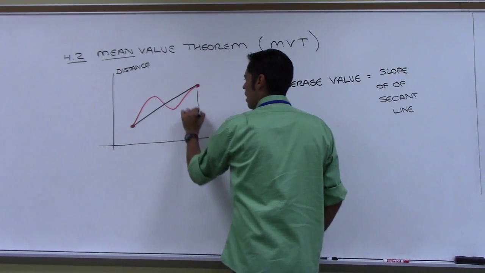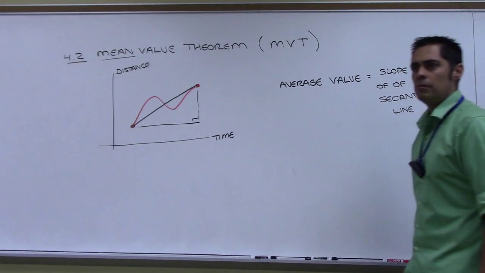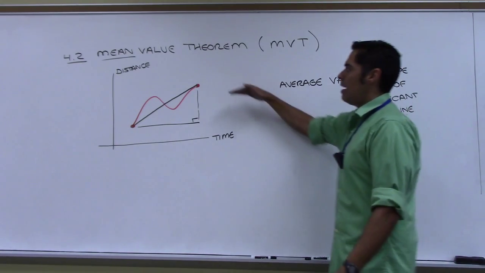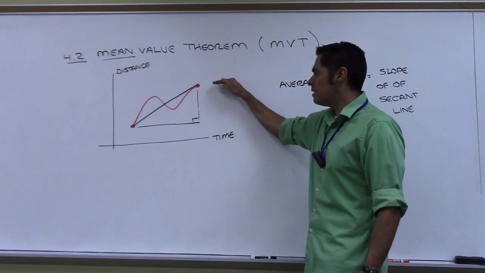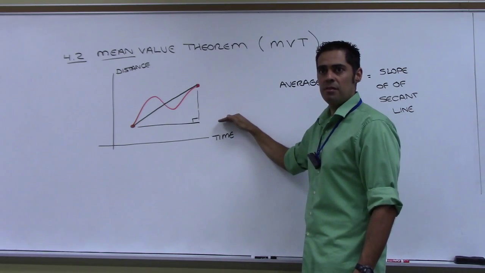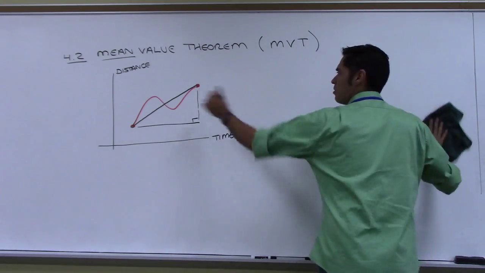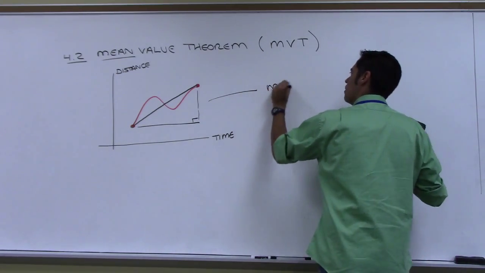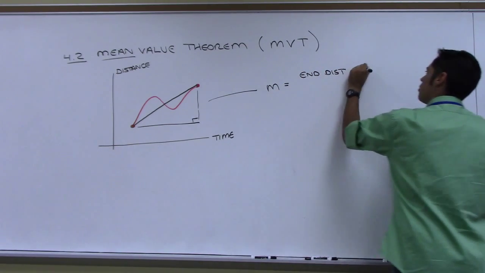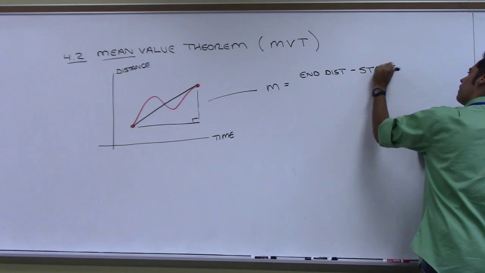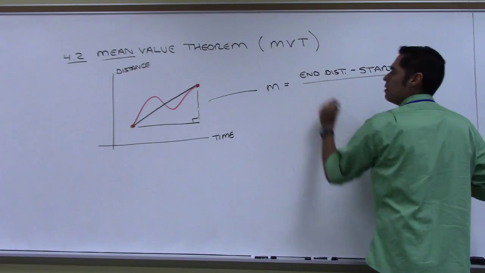Then the slope of this line, rise over run, would be your ending distance minus your starting distance, yeah? So the slope of that line would be the ending distance minus starting distance over what?